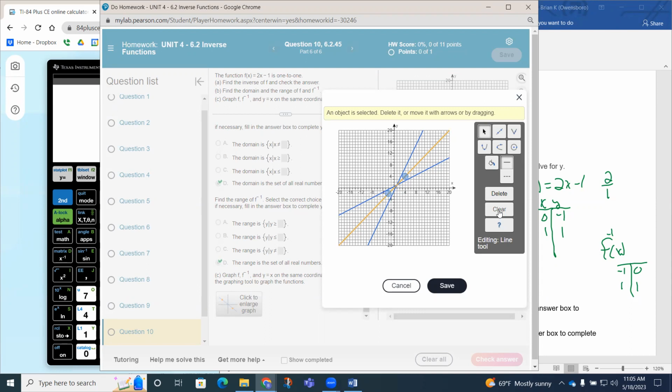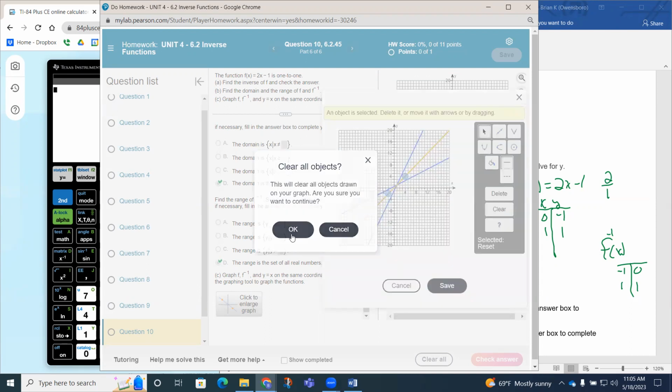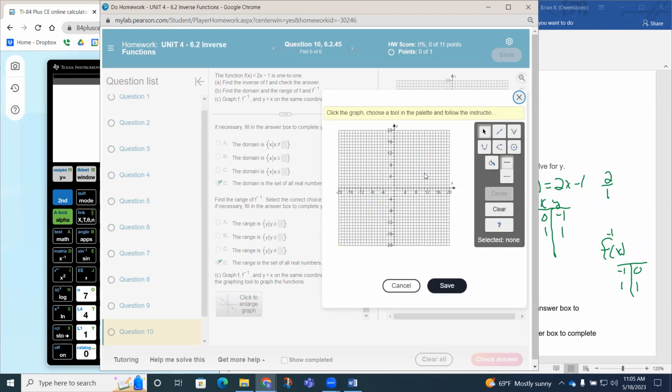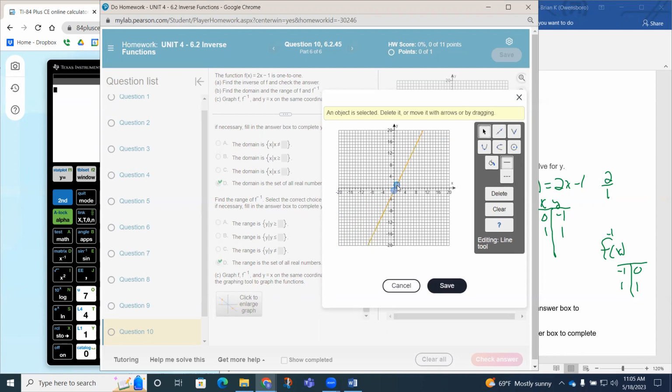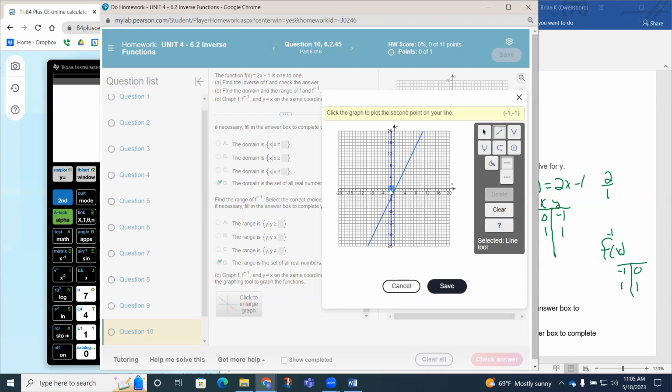So let's clear this off again and practice that a little bit. So 0, -1, 1, 1. I'm looking at my ordered pairs up there, and notice that the points are up in this little region over here to the right. Hit the line again, this will be the inverse, -1, 0, and 1, 1 is the point that we had.